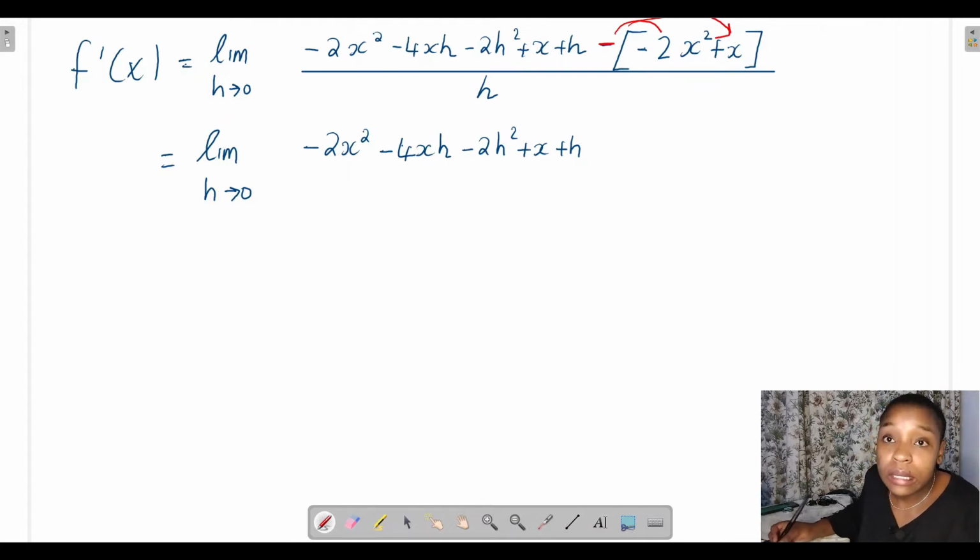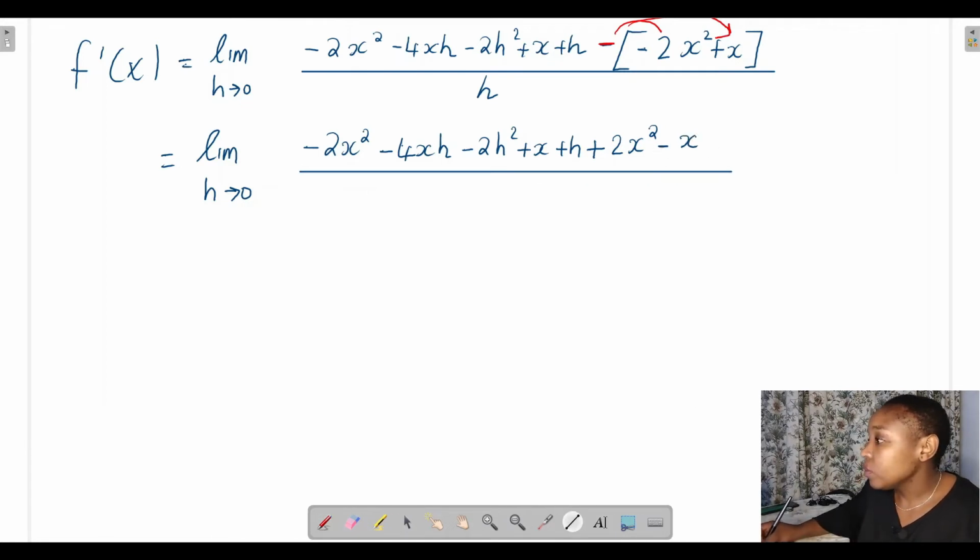You're going to lose marks. Right. So that negative multiplied by negative 2x squared is going to be positive 2x squared. That negative multiplied by positive x is negative x, all over h.